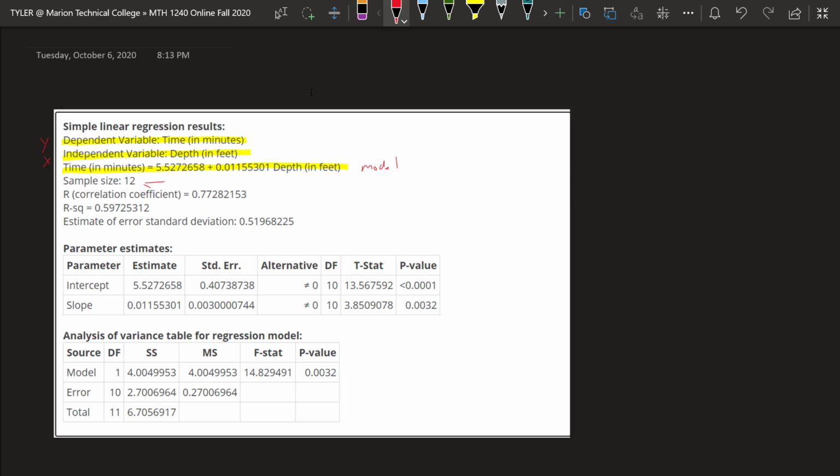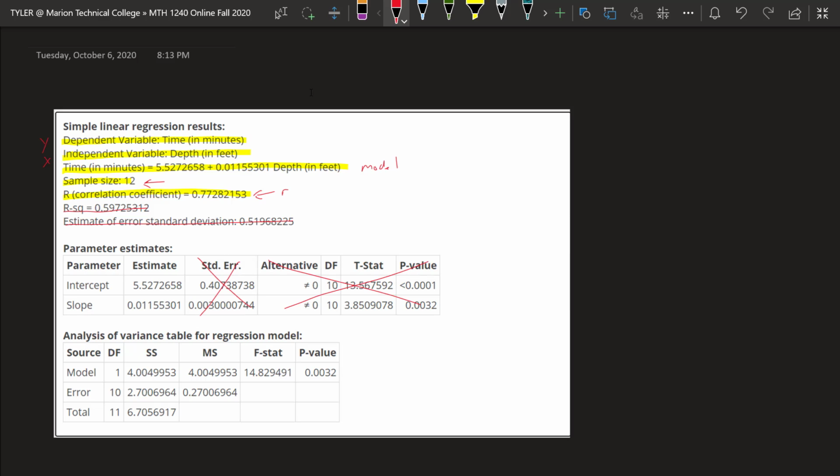This tells you your sample size, right? So that tells me I have 12 rows of data. And then the R, the correlation coefficient, is something else that you should be aware of, right? That's just your R value. So this R squared, we're not going to worry about in this class. The estimate of error, we're not going to worry about in this class. This column, we won't worry about.